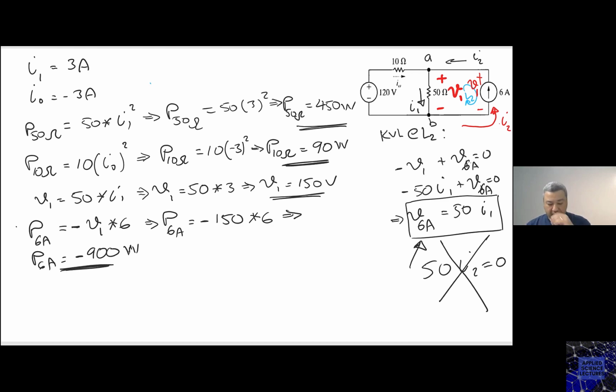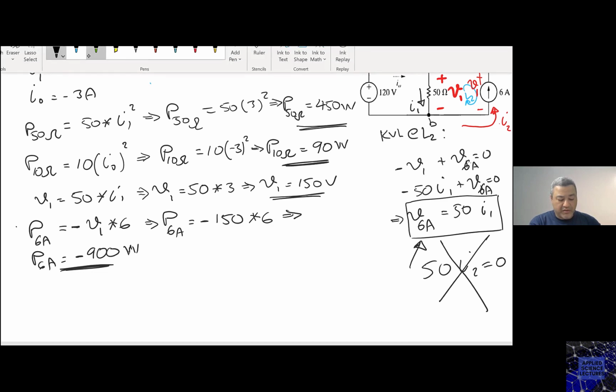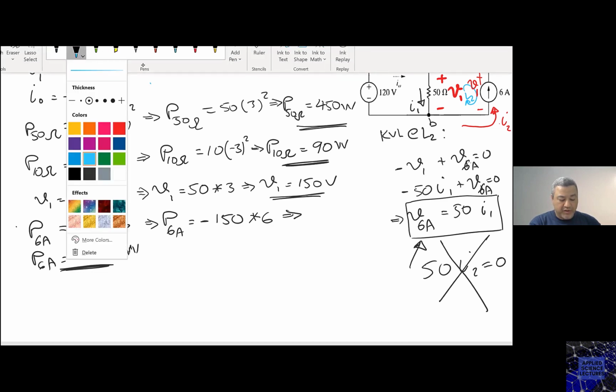Now, what about the 120 volt? Since I naught is negative, this means that the current indeed is going in the opposite direction.